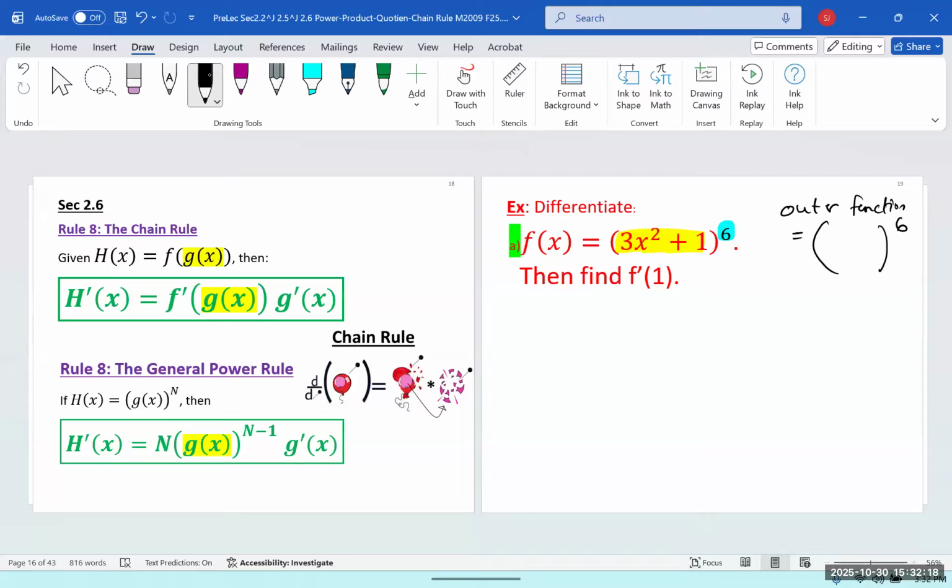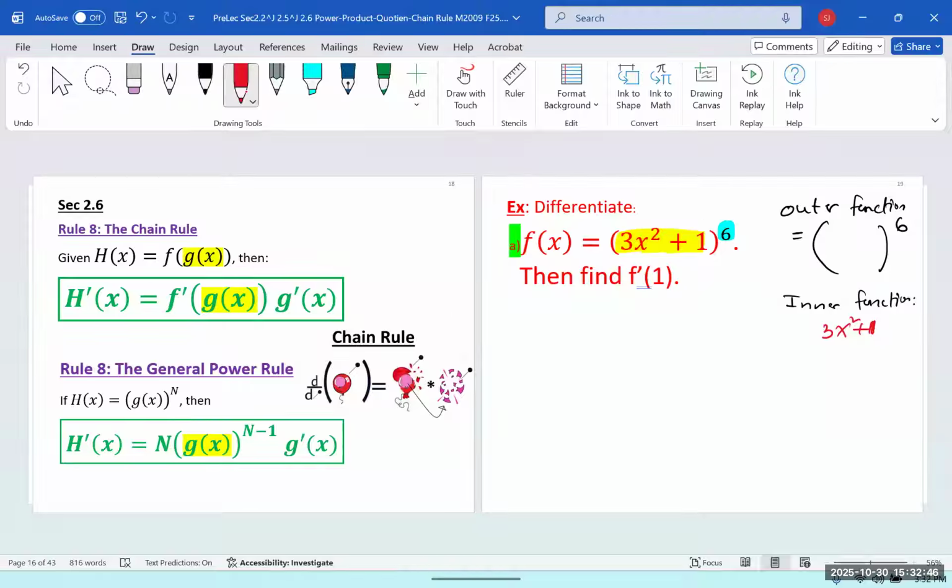Whatever you have on the power, that's your outer function. And your inner function is whatever you have inside, which is 3x squared plus 1. So this inner function goes inside the outer function and you get this composite function.